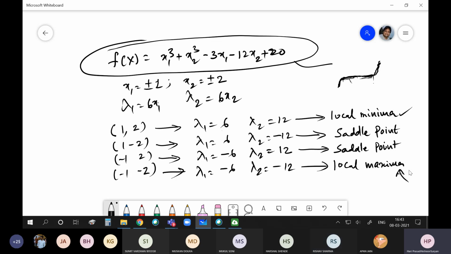Whereas in the previous example we are sure, because the lambdas which we got in the previous example are independent of x1 and x2. So there we can clearly say with certainty that it is a convex function and you will have a global minima, whatever minima you get. So that is a global minimum. Is this clear?